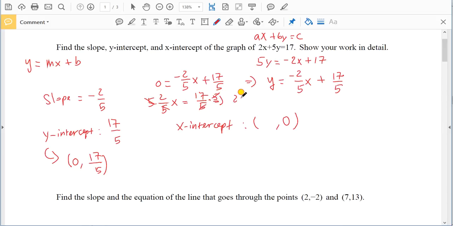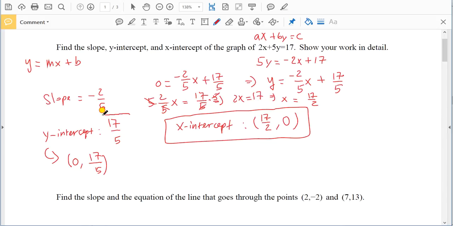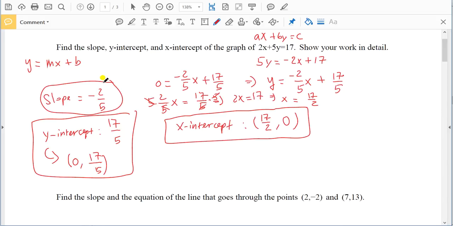So you have 2x equals 17. Then divide both sides by 2, so x equals 17 over 2. That is my x-intercept. And this is my y-intercept, and this is my slope. Okay, so that is one good problem for the first exercise.